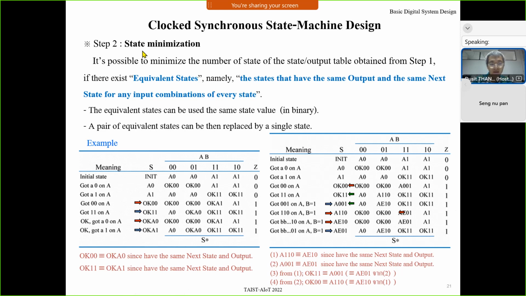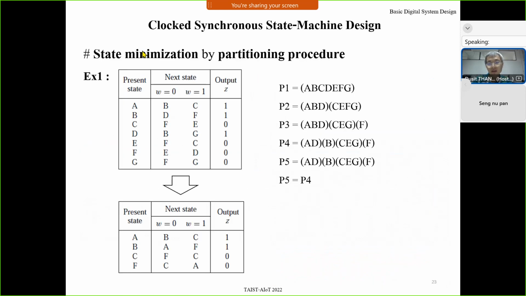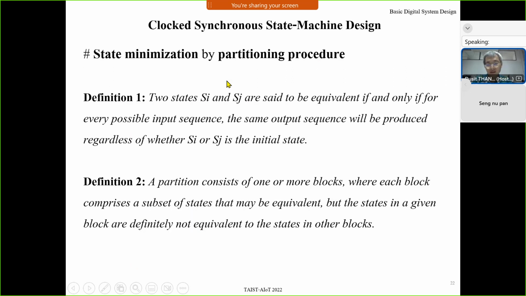In general, you can do state minimization by the technique of the partition procedure. For definition one, two states are equivalent when they have the same output and the same next state.